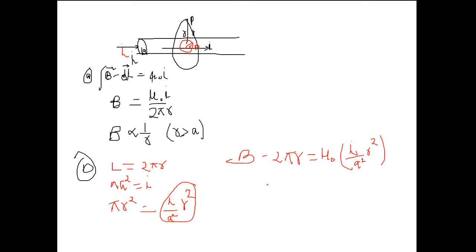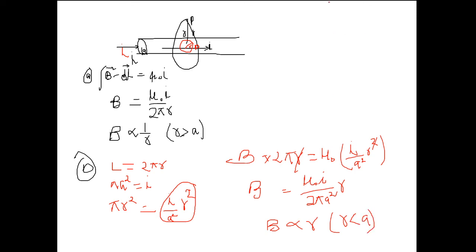Now from here, one r gets cancelled, so B equals mu naught I by 2 pi a square into r. So from here we can say B is proportional to r when r is less than a.